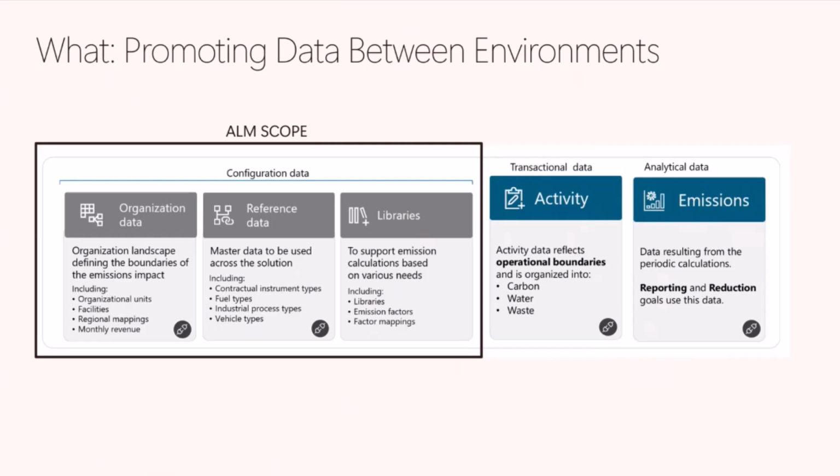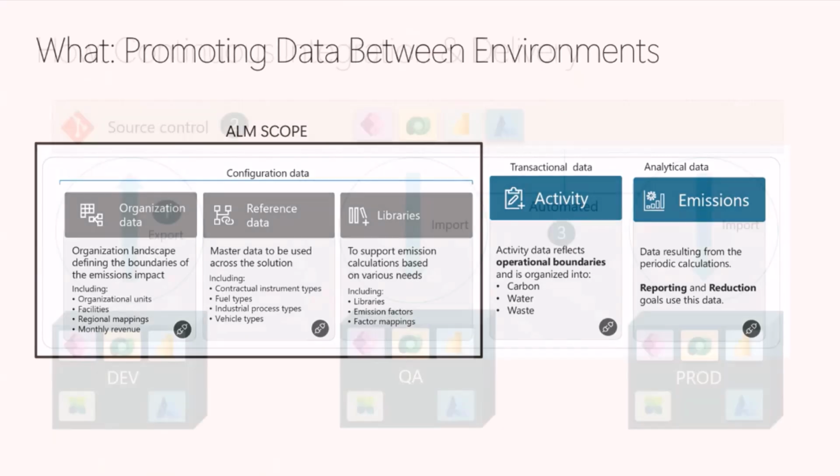Maybe you can just add it as a data import. So that's the transactional data. Analytical data is similar. Whenever you have a calculated emission, you don't need to move it from one environment to another. Just move the activities and the calculation profiles, and it will calculate your analytics data. So that's also not part of the ALM scope.